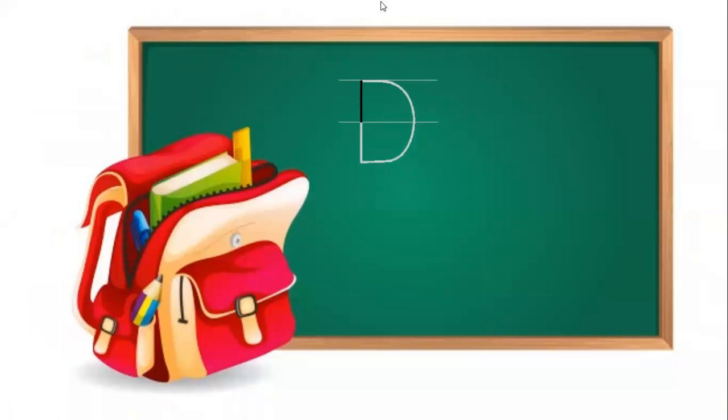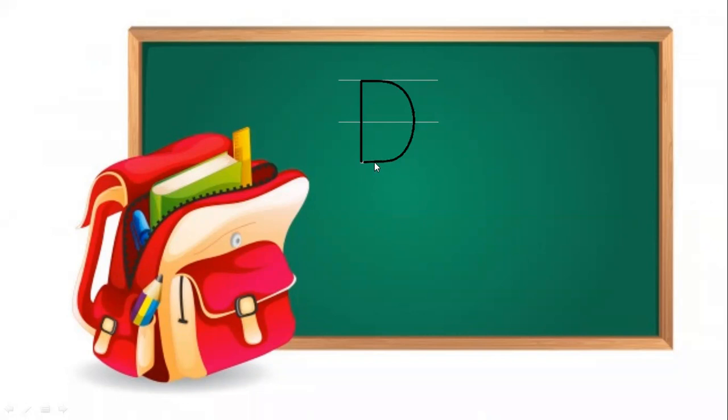Now our next letter is D. How will you draw D? Start from the top and come down, touching the third line of your notebook, and then draw a curve touching the top and reaching to the bottom.